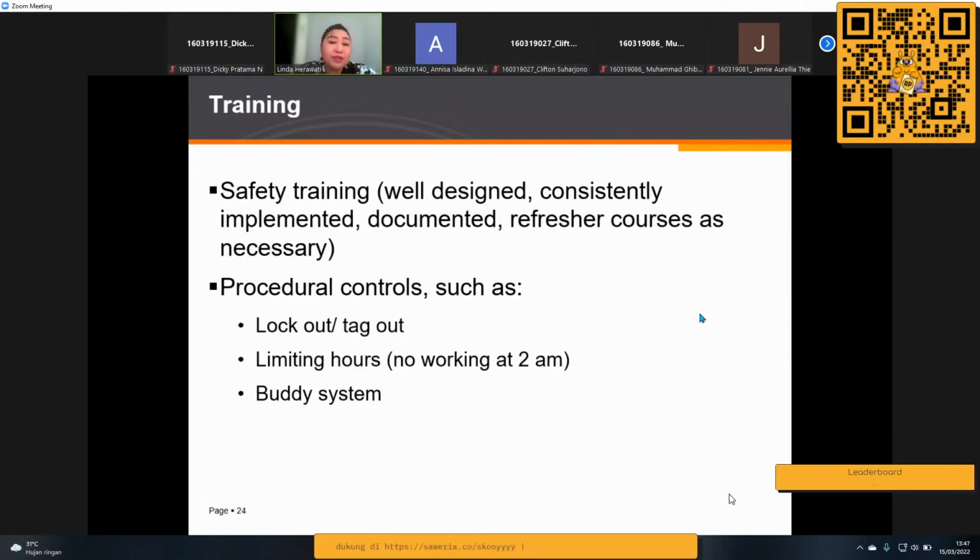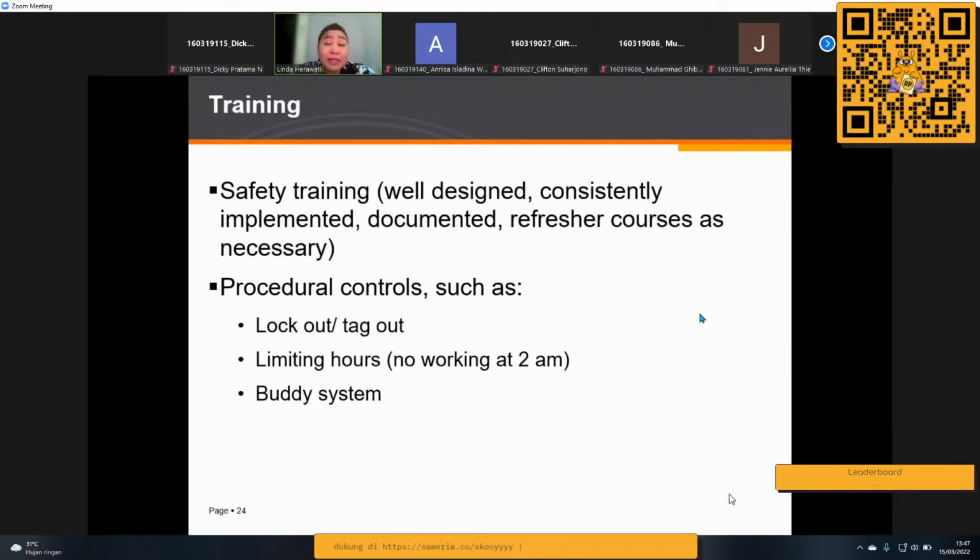This is by research, because accidents can happen. Most accidents happen in the third shift, after 2 a.m. in the morning.